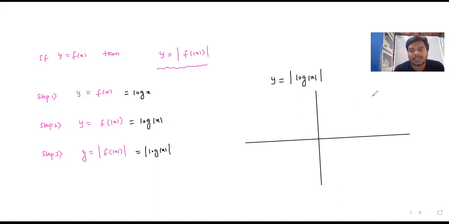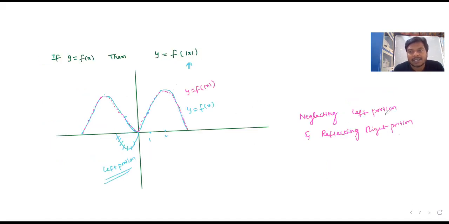We know that the graph of log x exists like this. This is x equal to 1, log 1 value 0. This is the graph of y equal to log x. Next, to transform into the graph of log of mod x, neglect the left portion and reflect the right portion.